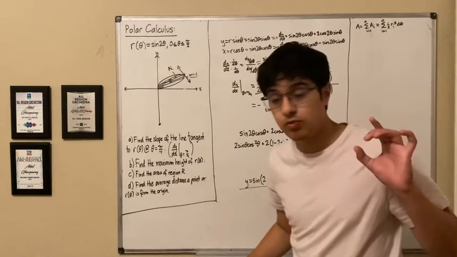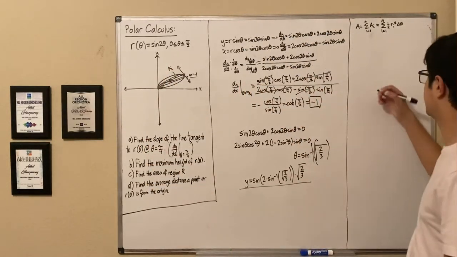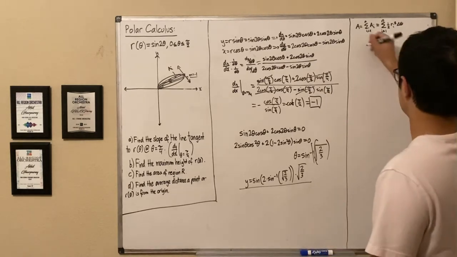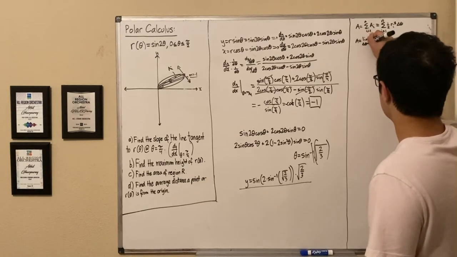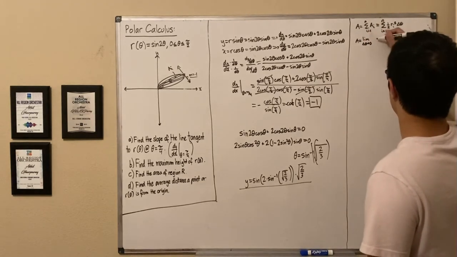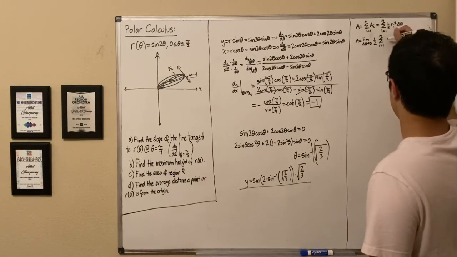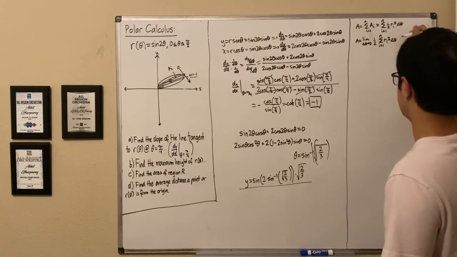Now, to properly approximate the area of this polar function, we take the limit as delta theta goes to 0. So the area is the limit as delta theta goes to 0 of 1/2 times the sum from 1 to n of r sub i squared delta theta.